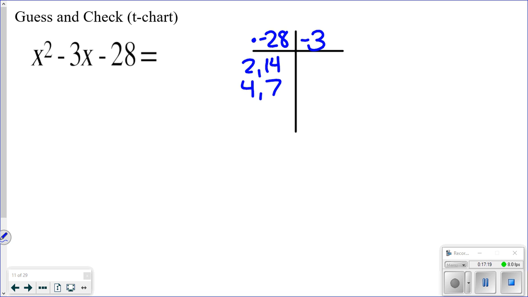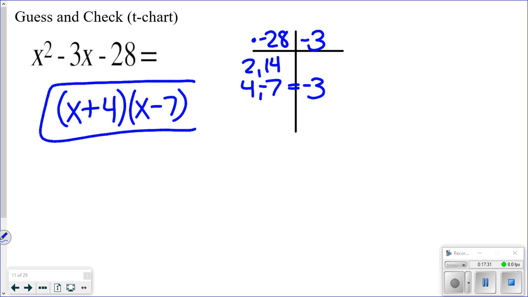And it has to be a negative 7 to make this add up to a negative 3. X plus 4, x minus 7. Right? Because 4 times negative 7 is negative 28. 4 subtract 7 is negative 3.